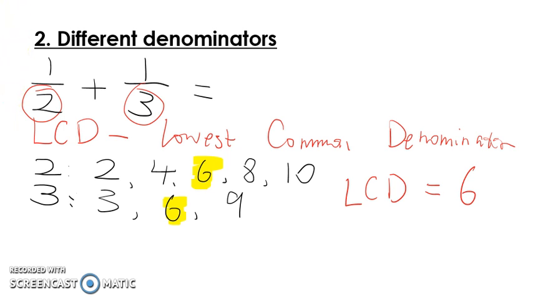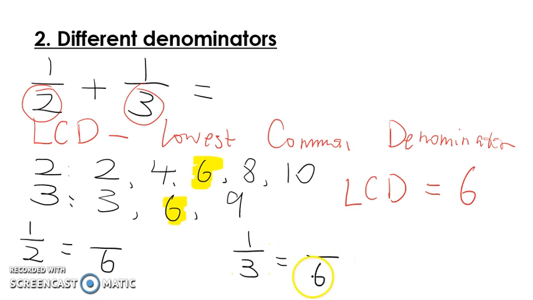And the next step, for both of the fractions, we need to convert them into 6 as the denominator. The same denominator, the same denominator. So hopefully with enough practice you would know 2 multiplied by 3 gives you 6. Therefore the top has to be multiplied by 3 as well.